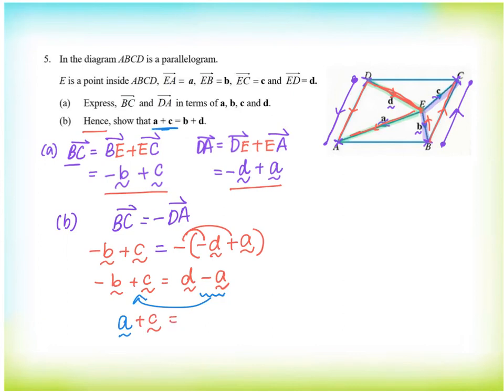And on this side, D can stay here. And I will want negative B vector to come over to the right hand side. And that will become B plus D. Now this is what they wanted shown. Have you gotten the answer?